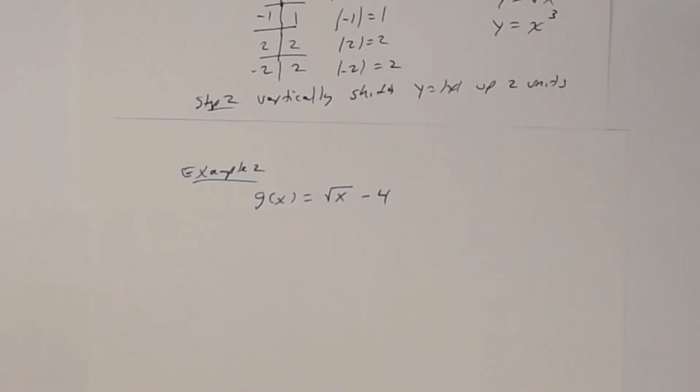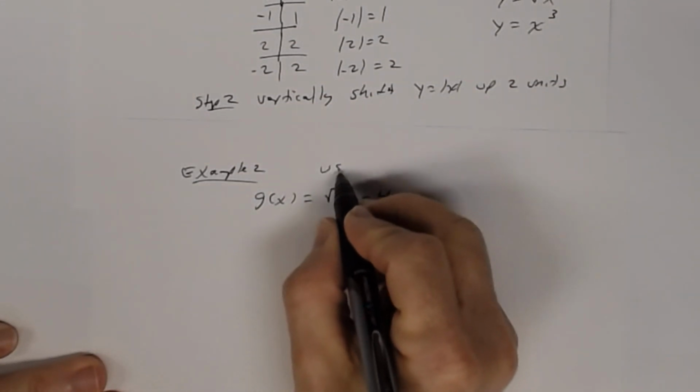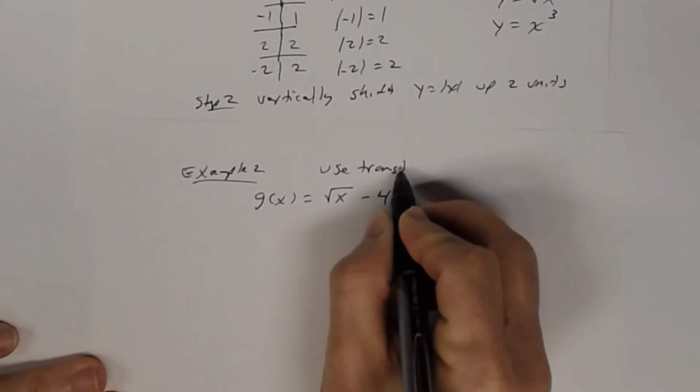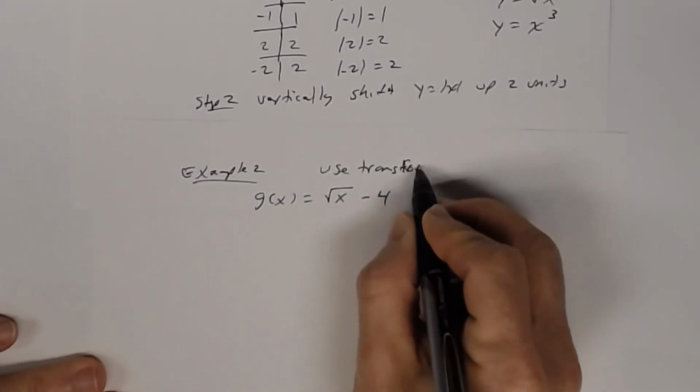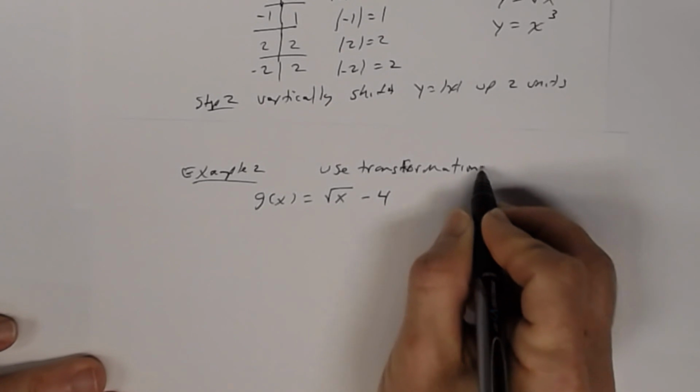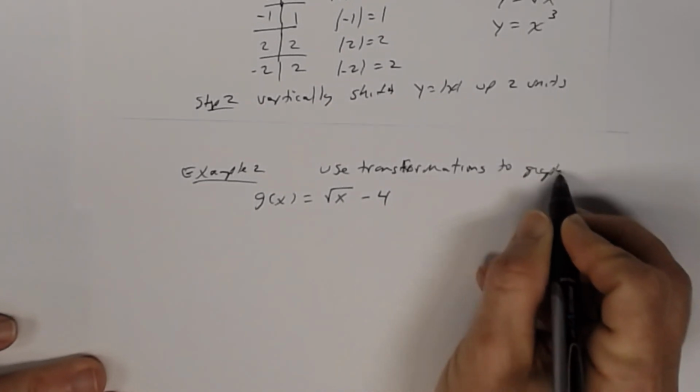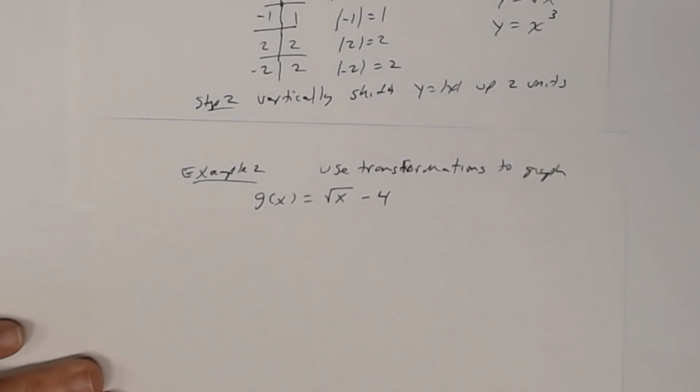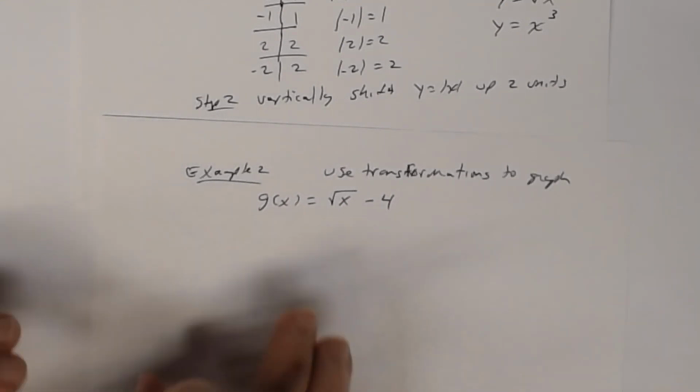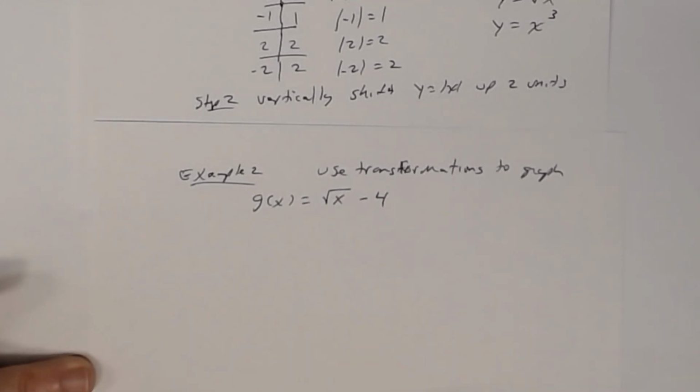All right, now remember, the direction is going to say use transformations to graph this function. If it says that, then you have to show me the different transformations that occur to get to this point.